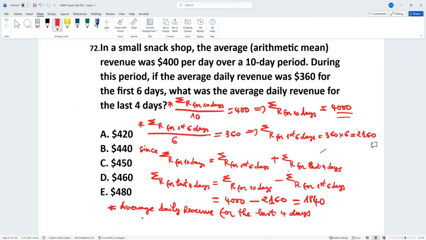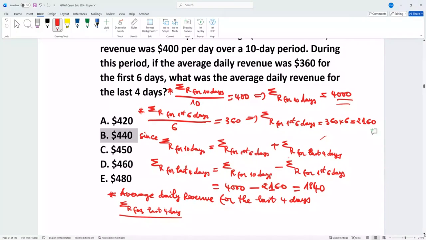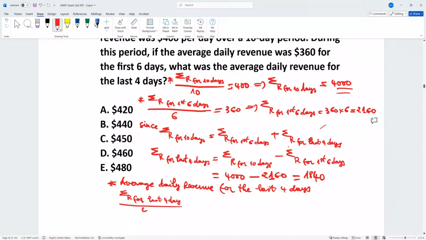It's going to give us the sum of all the revenues for the last 4 days divided by the number of days. Since we are talking about the last 4 days, the number of days in question here is going to be 4. And then it's going to be equal to x. Let's call it x. Average daily revenue for the last 4 days, x, okay?